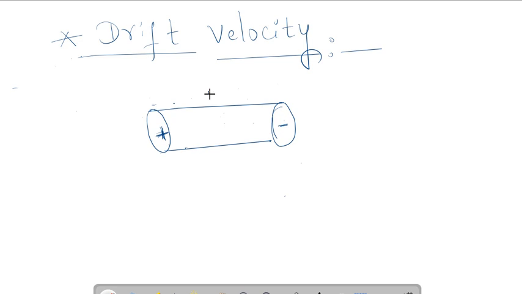Suppose the electric field E bar is in this direction.